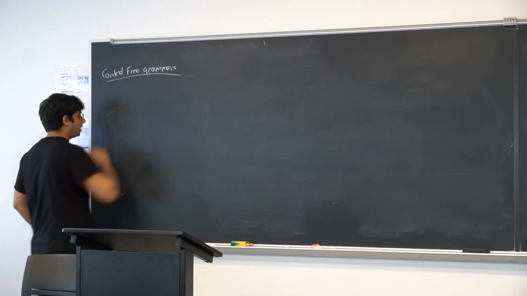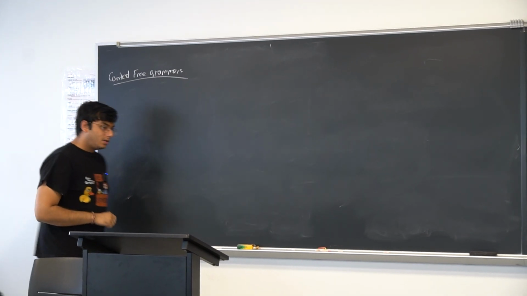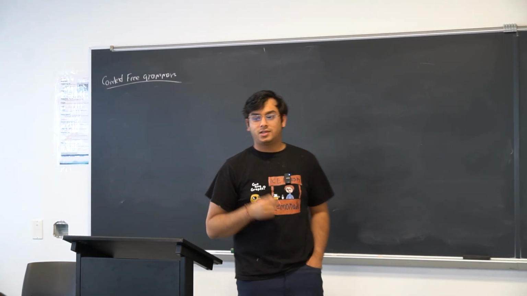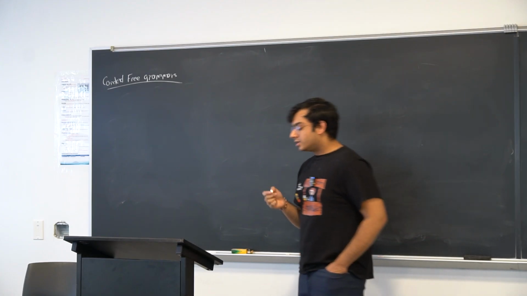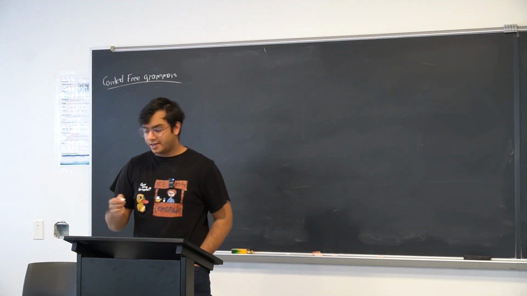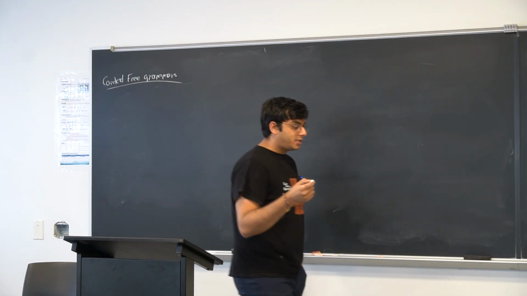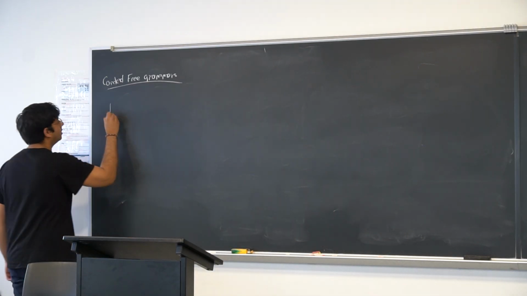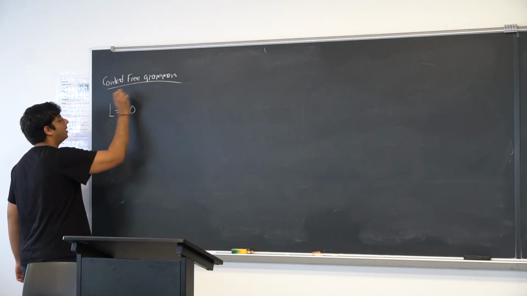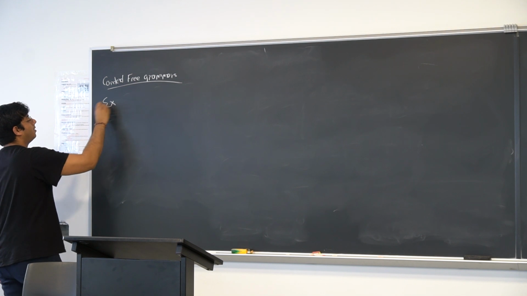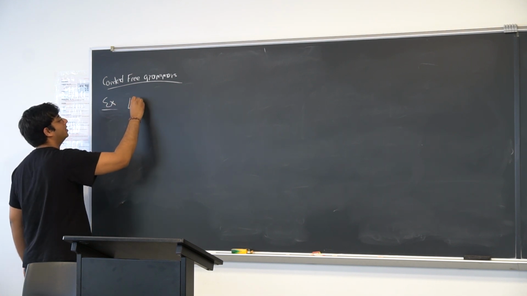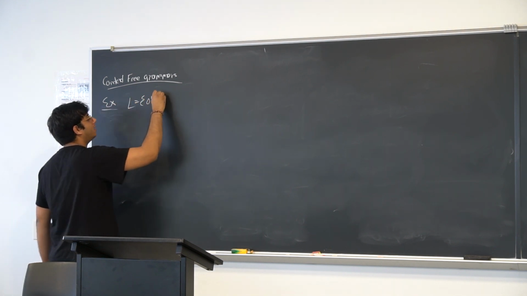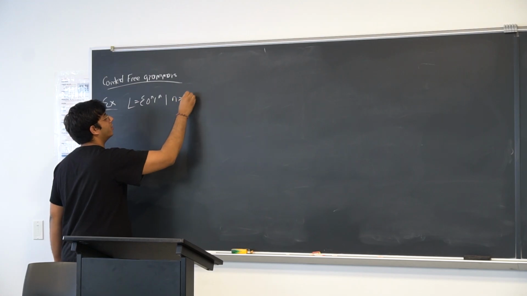So to recall, last time we looked at fooling sets. The idea was we have a class of languages that are regular languages. They can be expressed through regular expressions, DFAs or NFAs. When we try to represent a language that is not regular, for example, canonically, some examples that we have seen so far are the language 0 to the n, 1 to the n, for n greater than or equal to 0.